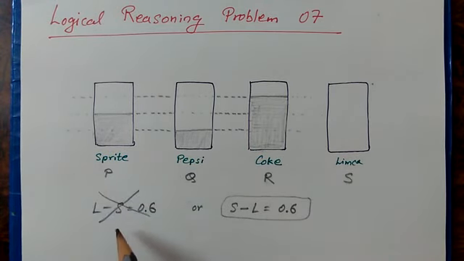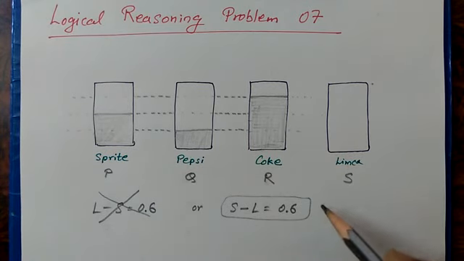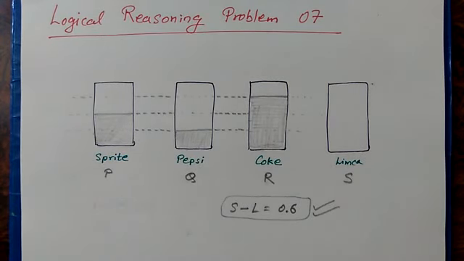You can try it out, but for saving time, I am going to use the other equation. So we are left with this correct equation. We couldn't have used that previous one, because it would have given some contradicting values of Sprite.